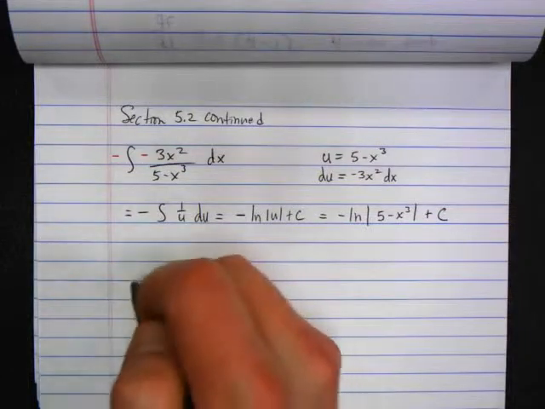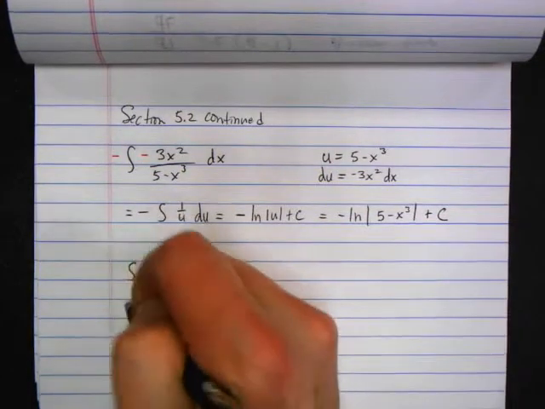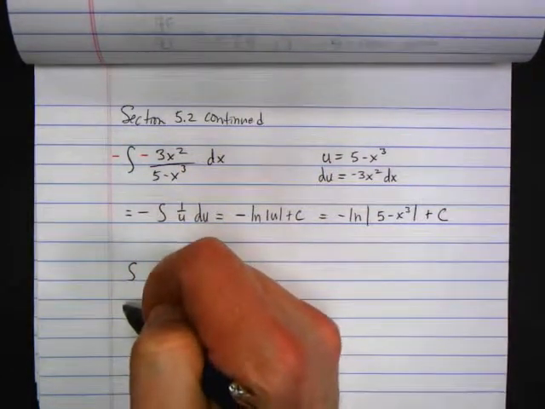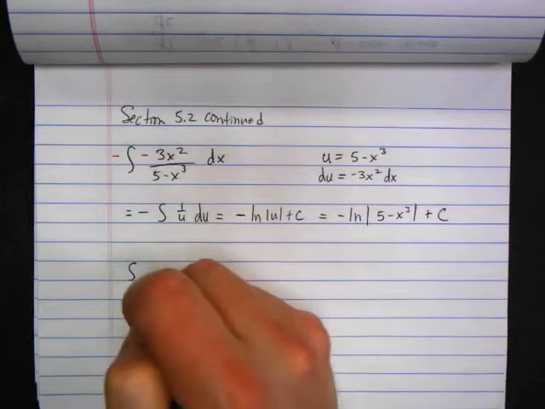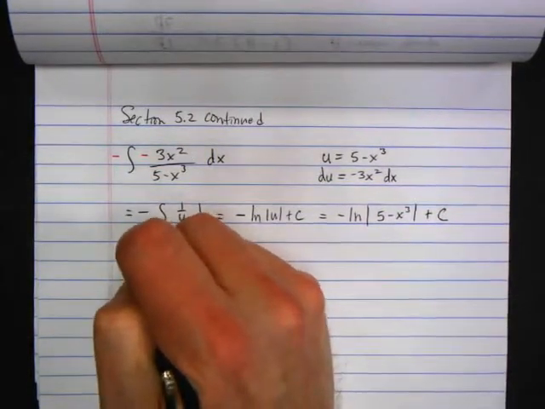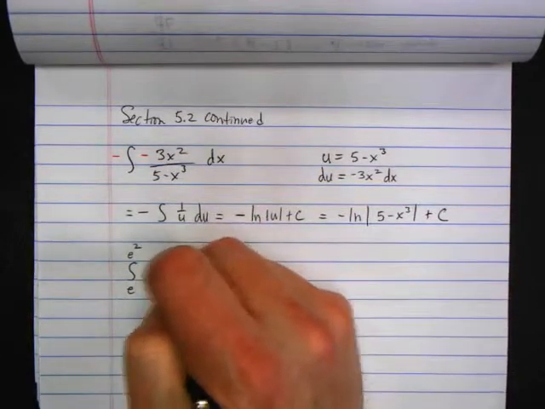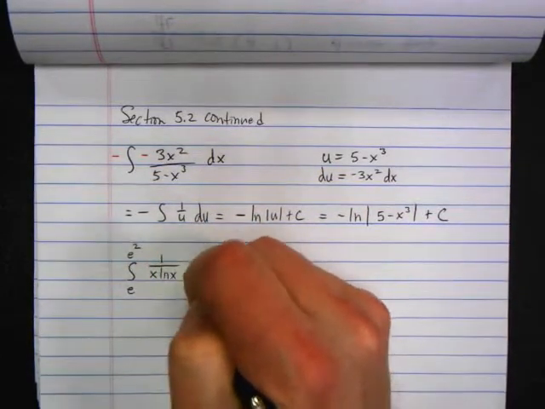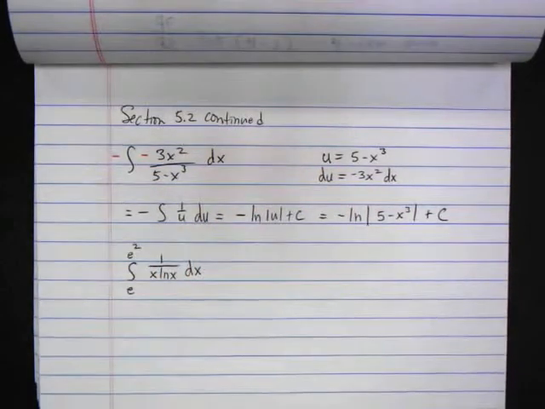The integral from e to e squared of 1 over x ln x. What to do with that one?